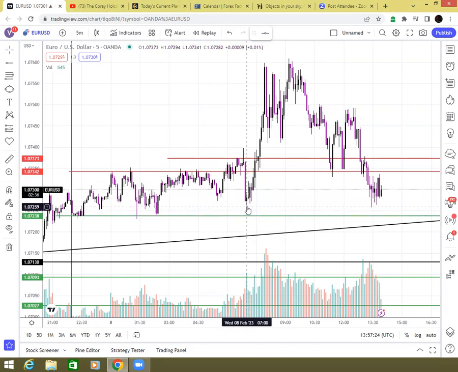Then this right here started the uptrend. And from this point, we see that we move past this resistance and we move past this resistance, these two red lines, and we continued up.